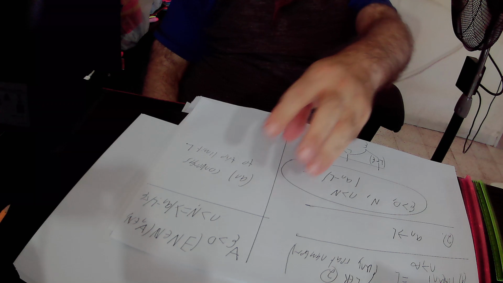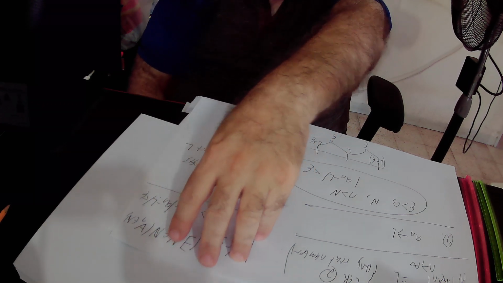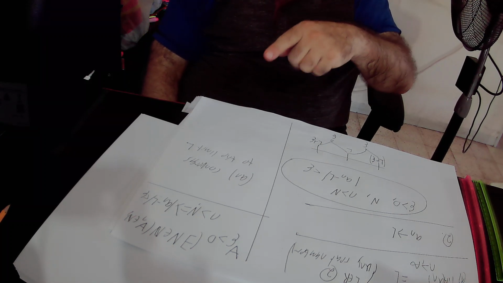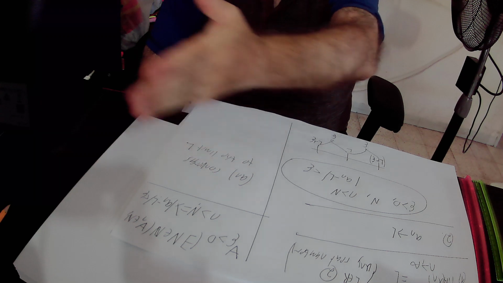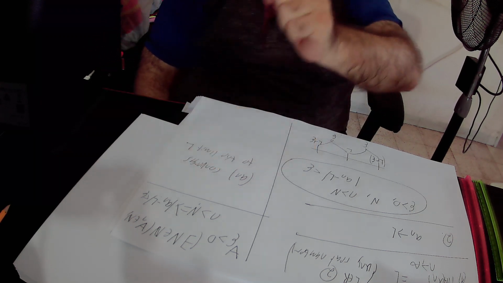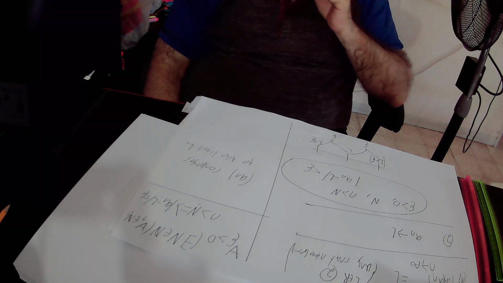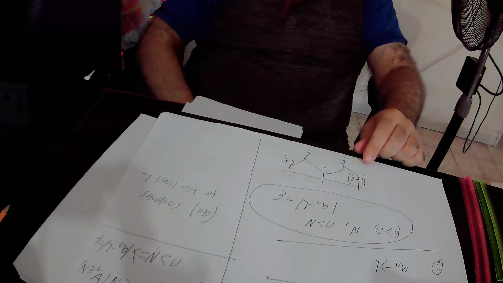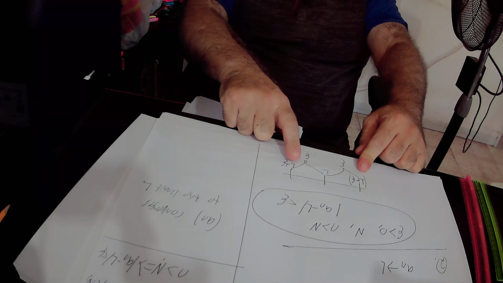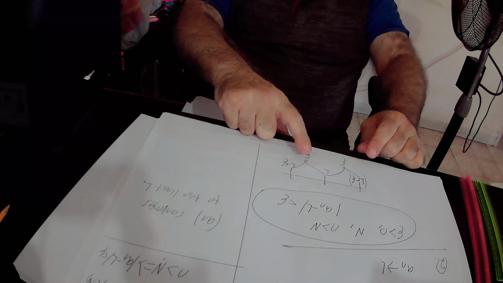I repeat again that the meaning of this condition is that the terms of the sequence from index N onwards are close to the limit L up to epsilon. Okay? Here you can see that inside those two brackets each point is close to L up to epsilon.